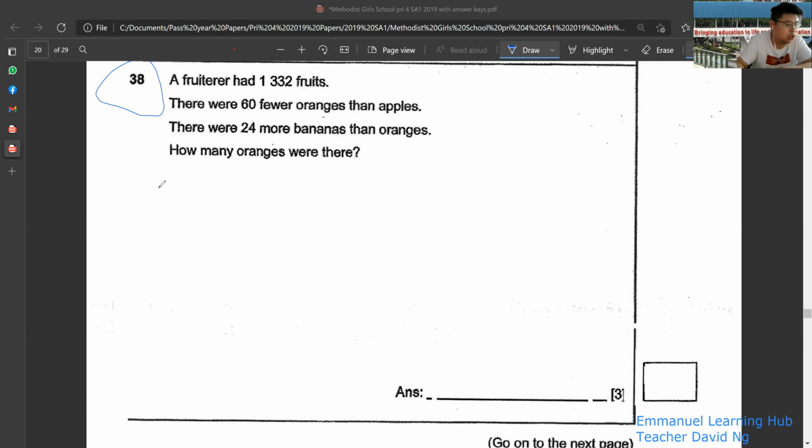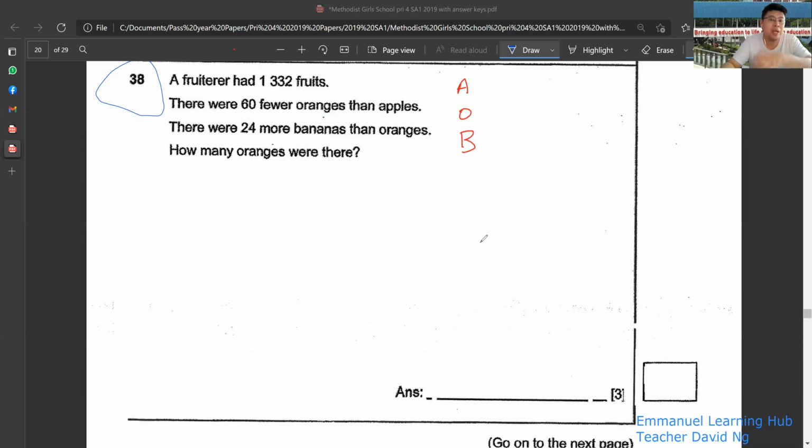So this kind of question, what do you need to do? You have to draw the model. No model, very hard to do. Apples, oranges, bananas. Make sense?